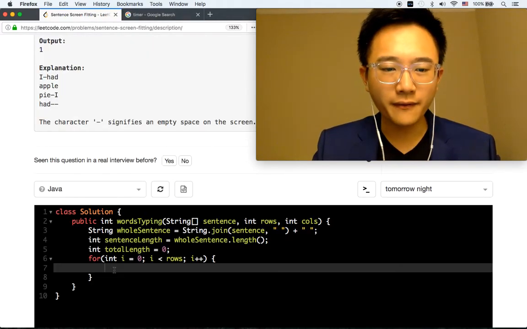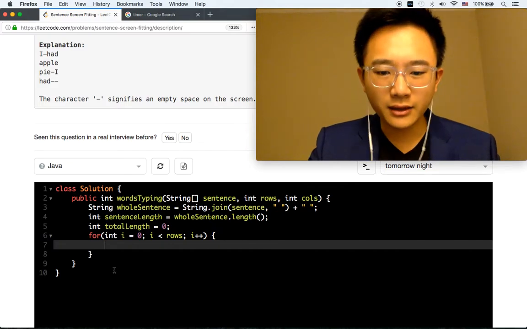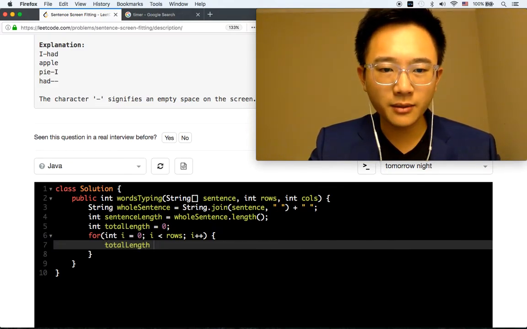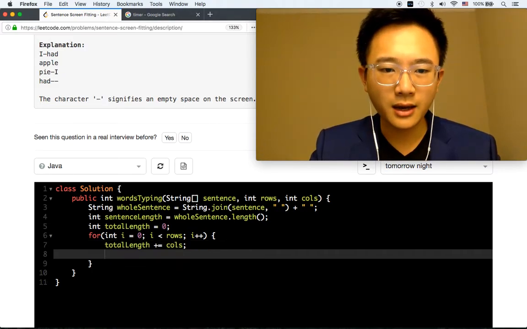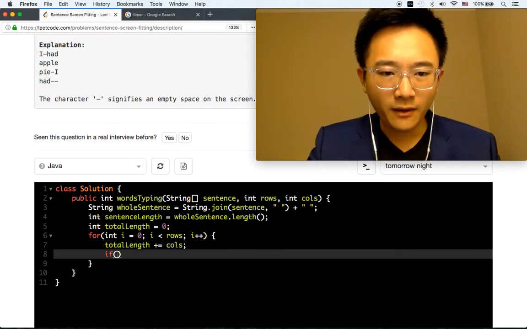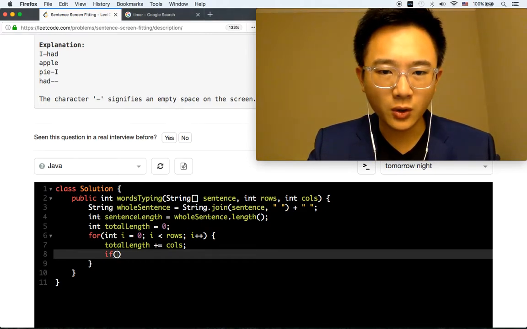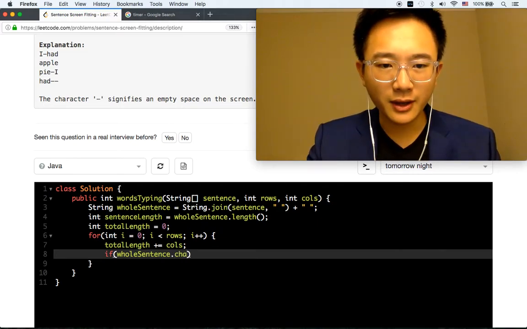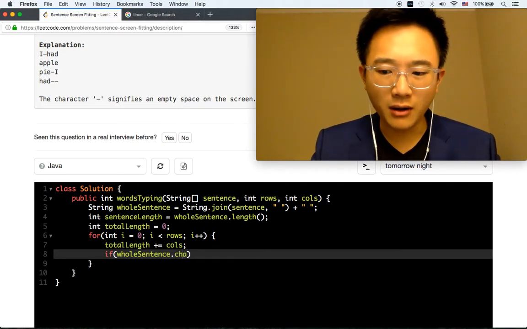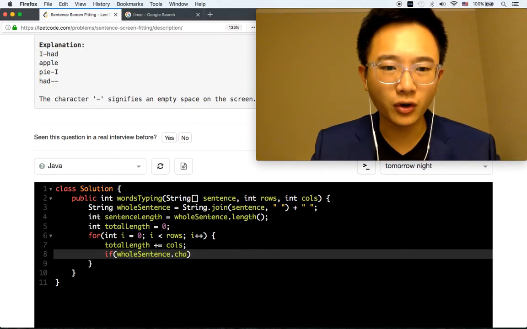So we have for this, total length plus columns, and then if whole sentence character.